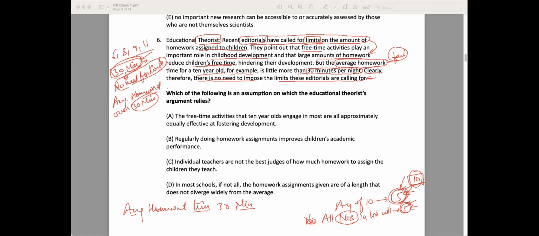Does that make sense, first of all? I'm asking, does it make sense? Individual numbers can vary a lot. So our whole argument here is that average time is 30 minutes. This is the reasoning. And on that basis, we are making a conclusion.